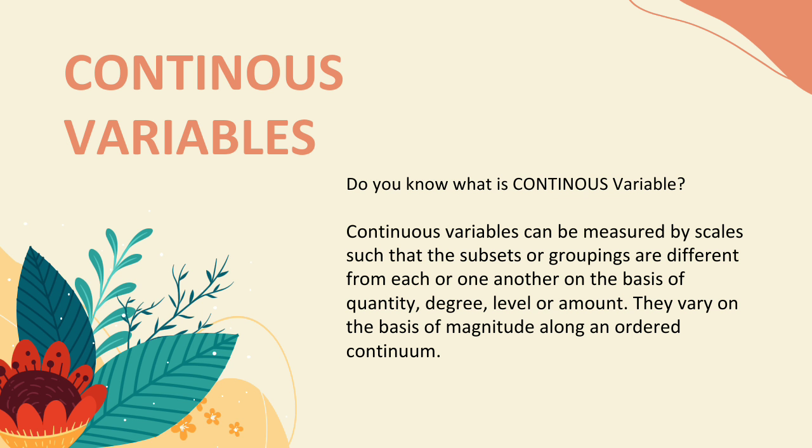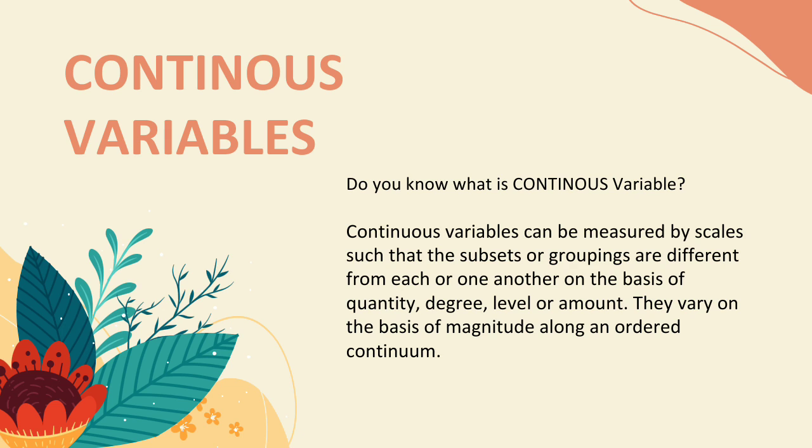Next, continuous variables. Do you know what is continuous variables? Continuous variables can be measured by scale such that the subsets or groupings are different from one another on the basis of quantity, degree, level, or amount. They vary on the basis of magnitude along an order continuum. Such variables can take an infinite number of values.